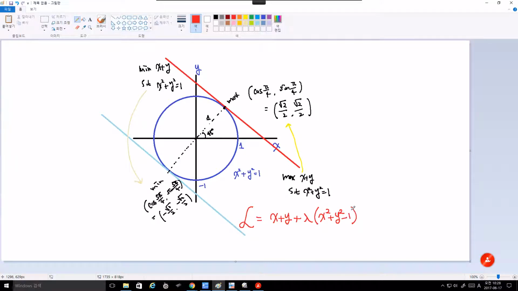Which leads to either min or max. Actually, I want to highlight this one. This is the maximum and this is the min.